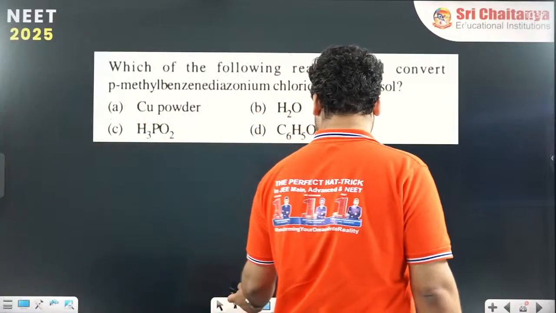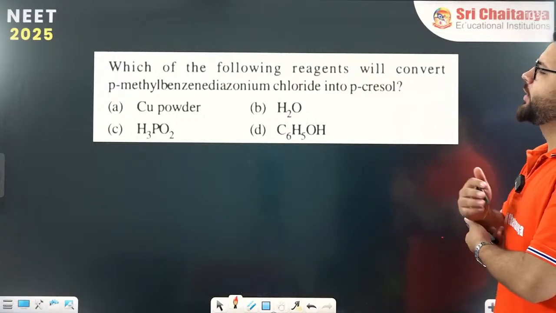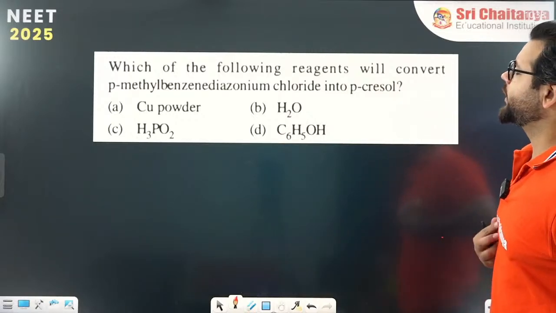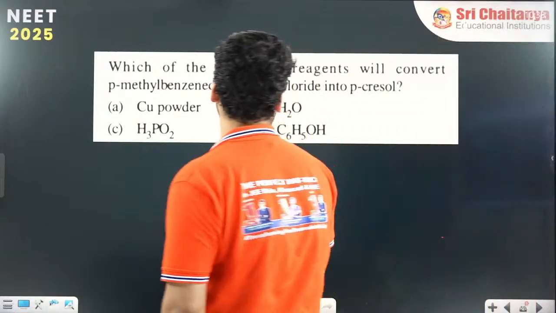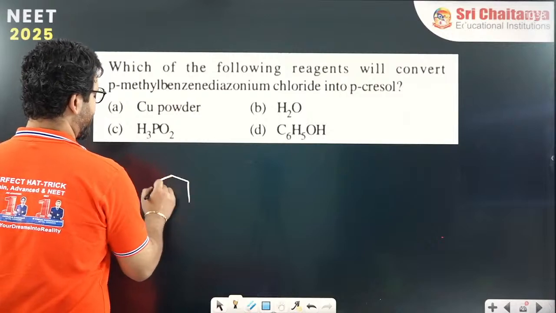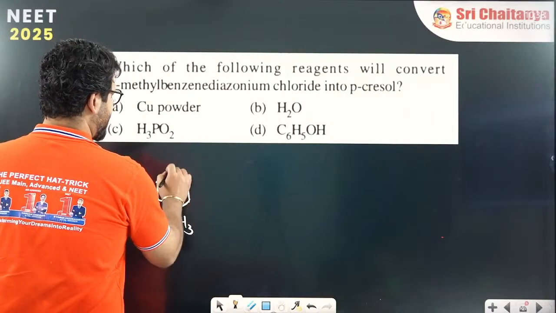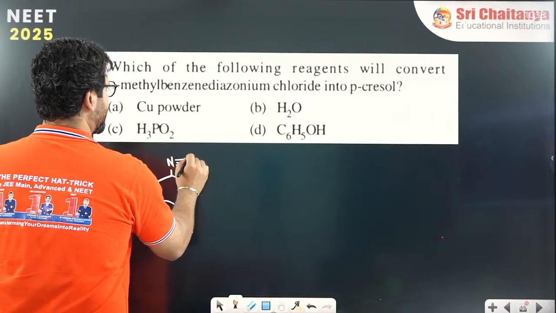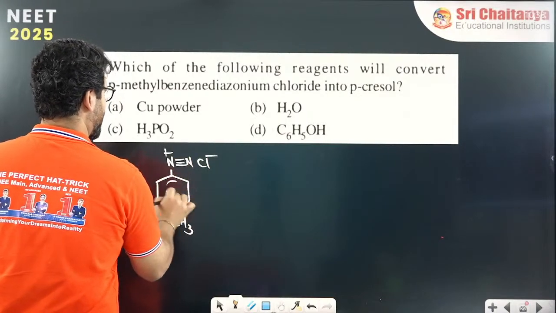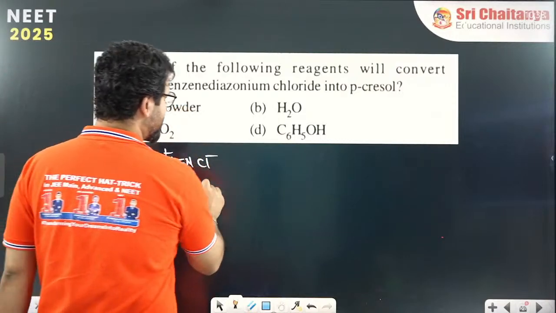Next one. Don't try to answer fast, try to answer correctly. Which of the following reagents will convert paramethyl benzene diazonium chloride to paracresol? Okay, let us see. Paramethyl benzene diazonium chloride to paracresol.